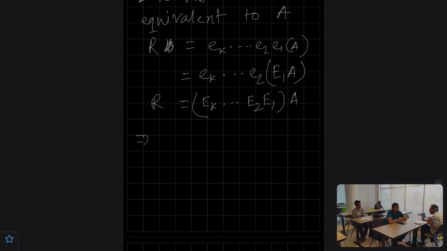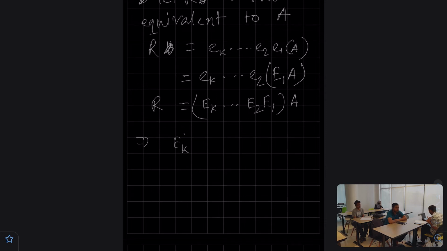So EK inverse times R equals EK inverse EK, then E2 E1, with A. Yeah, sorry, there is an R. Okay.